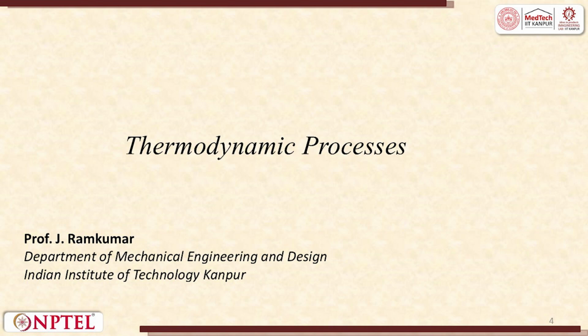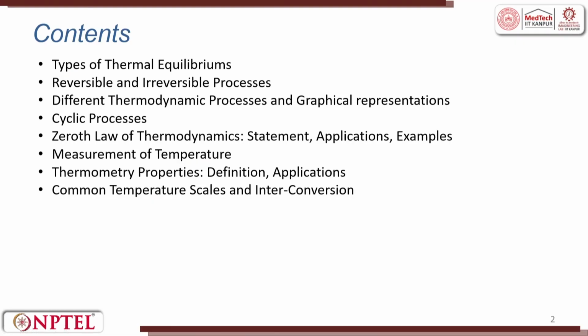So, this is on thermodynamics, equilibrium, process and thermometry. Content: what are the different types of thermal equilibrium? We will try to see reversible and irreversible processes, different thermodynamic processes and graphical representation, cyclic processes, zeroth law of thermodynamics.